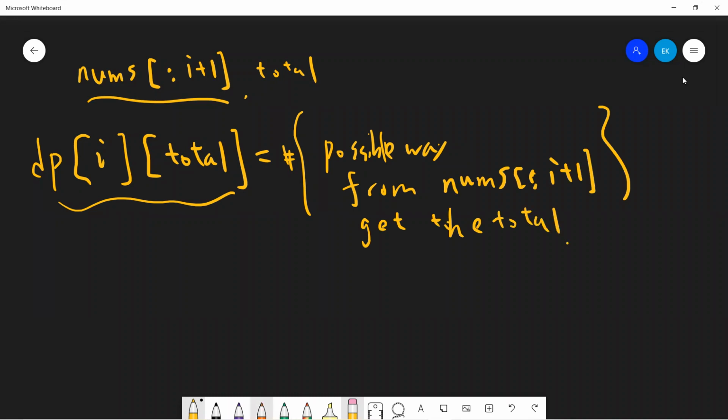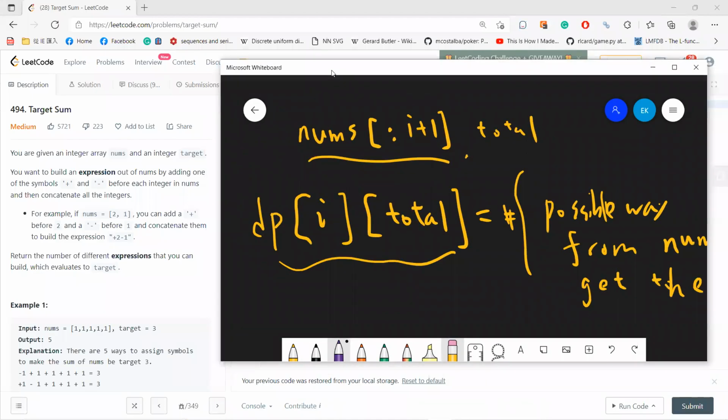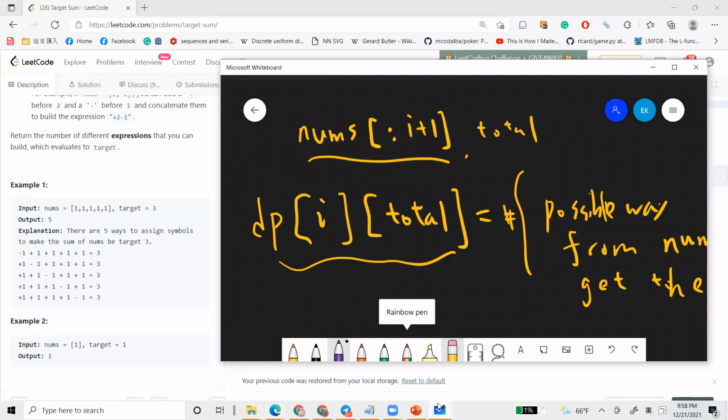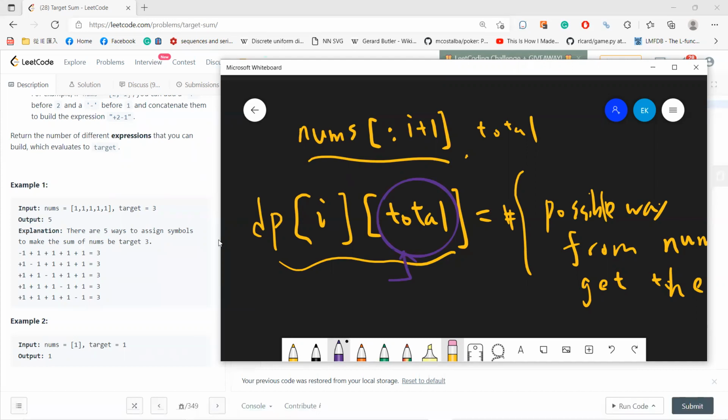There's still one subtlety: if you choose minus 1, you will get some negative numbers, right? So for this total, we should normalize. We should add some number which makes it positive. So I can define this total to be the sum of all the nums, so everything becomes positive, and for these indices I always add this total.